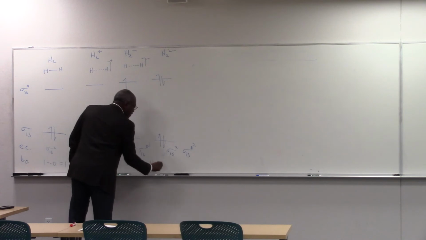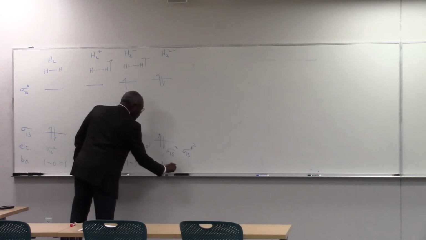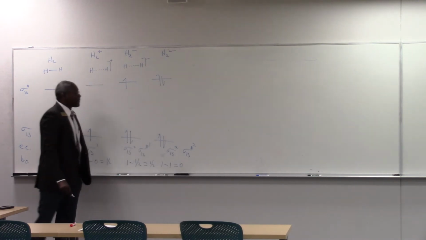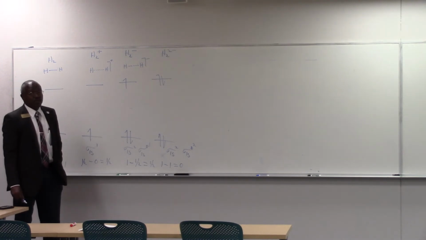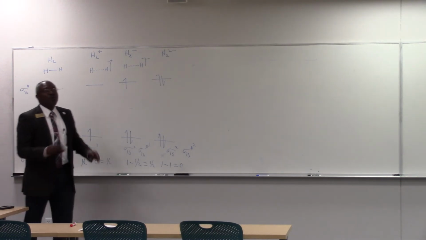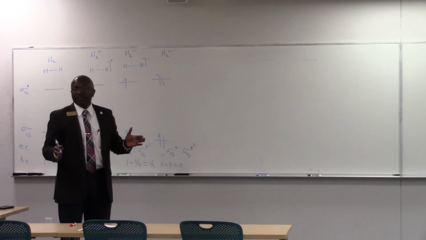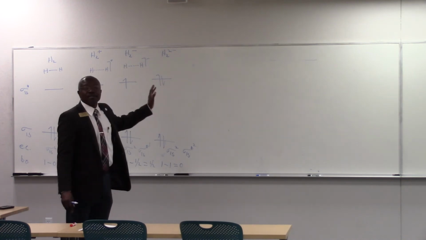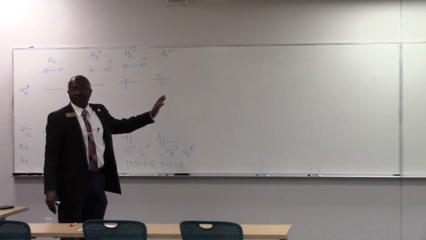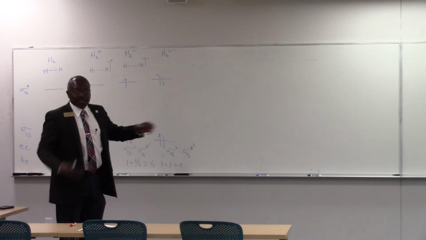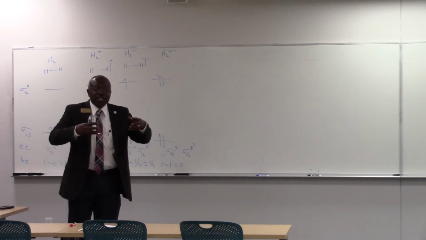It's 1 pair minus 1 anti-bonding pair, which is 0. In other words, there is no bond. If there is no bond between the atoms, then the species does not exist. H2 2 minus has no real existence, because there's nothing holding the H atoms together.